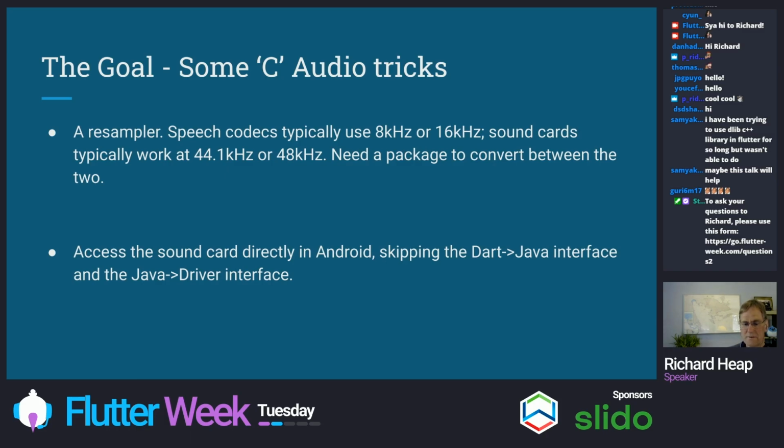And if you're then in a Flutter application, you've got to go from Dart to Java using a method channel, and then Java to C to the NDK using JNI bridge. And I wondered whether it would be possible to go directly from Dart down into the NDK. And so we're actually going to try coding that later on.